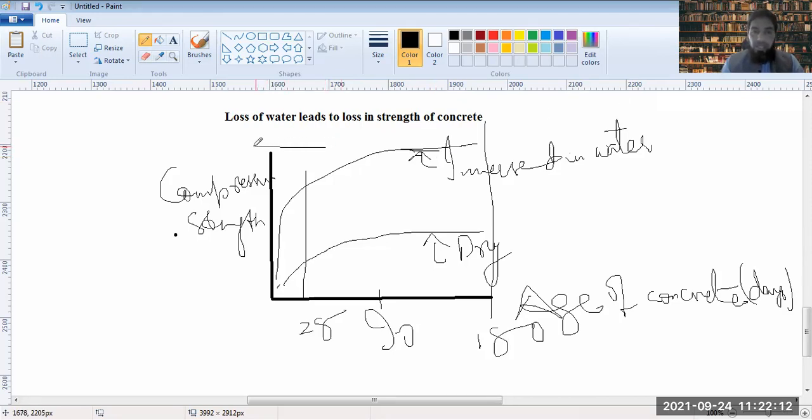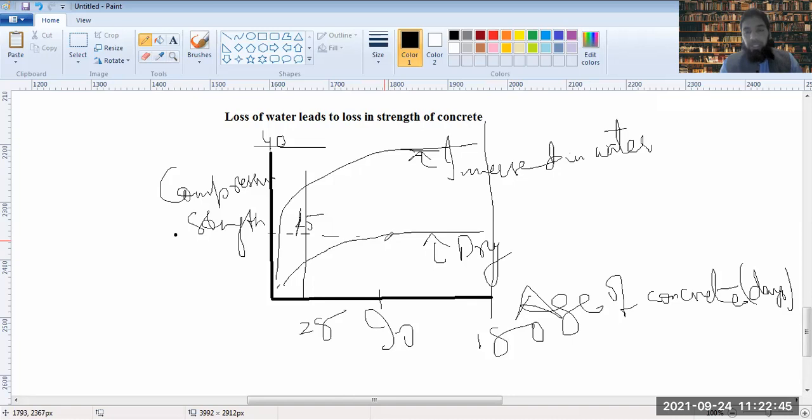By how much? It has been observed, from a research, 40 megapascal here, and completely dry, this is just 25 megapascals, just 15 megapascals. So there is around 120%, 130% increase in the compressive strength when it's completely immersed in water once hardened, once final setting has been undertaken, compared with when keeping it completely dry.